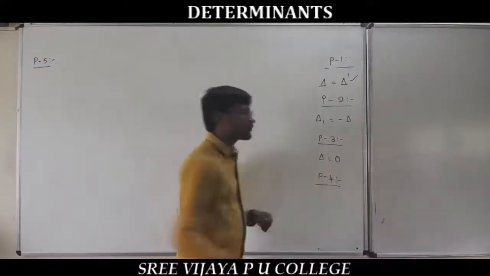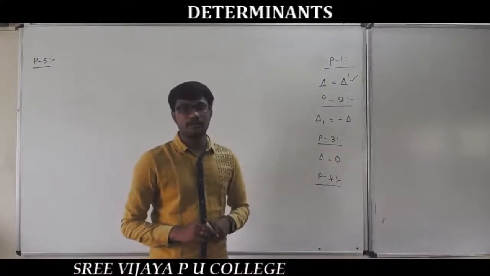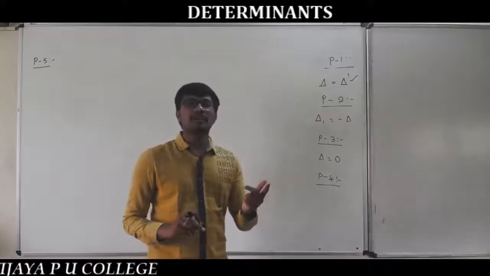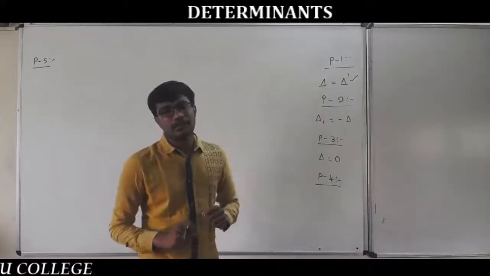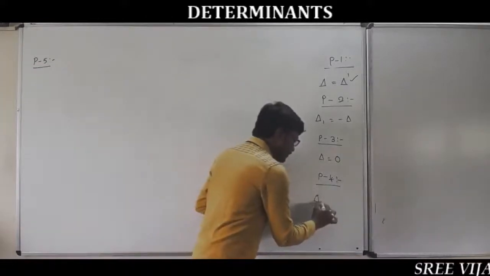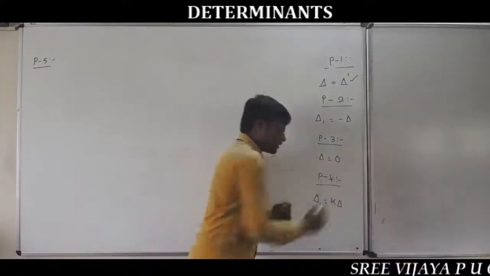Property number 4. In a determinant, if a row or column is multiplied by a non-zero number, then the whole determinant is multiplied by the non-zero number. That is delta 1 equals k times delta.